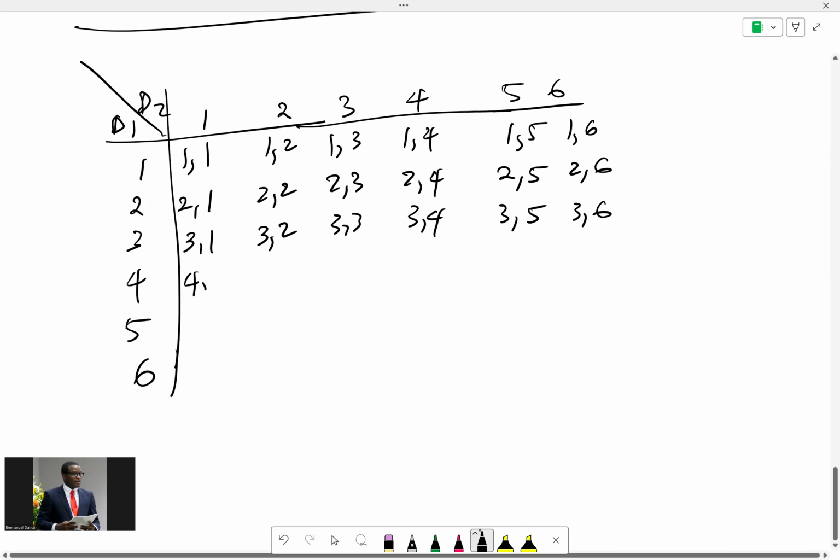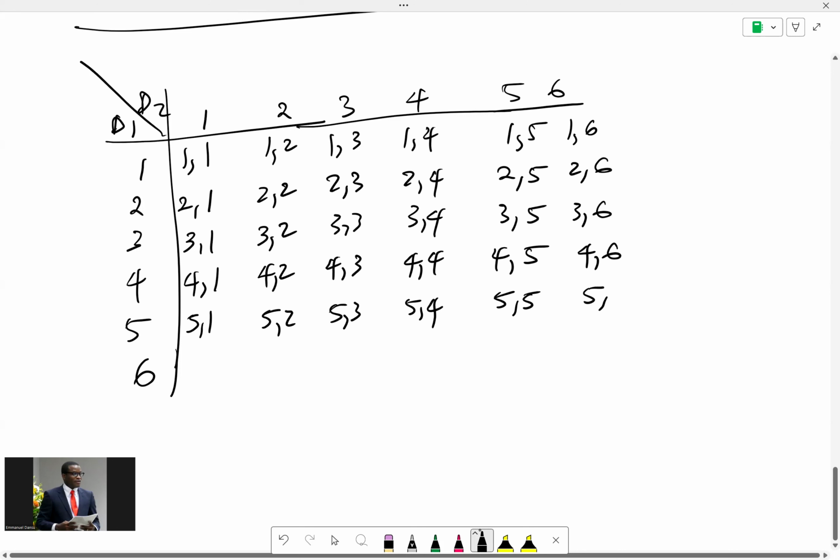It can be 3,1 through 3,6. The first can show 4 and the second 1, so 4,1 through 4,6. It can be 5,1 through 5,6. Then it can be 6,1 through 6,6.